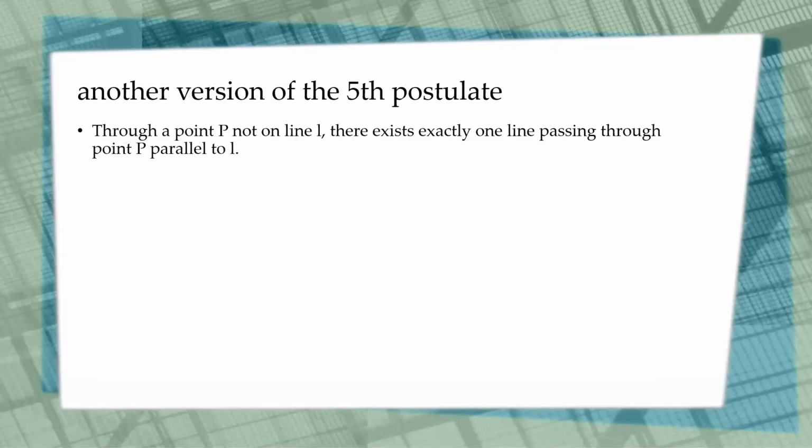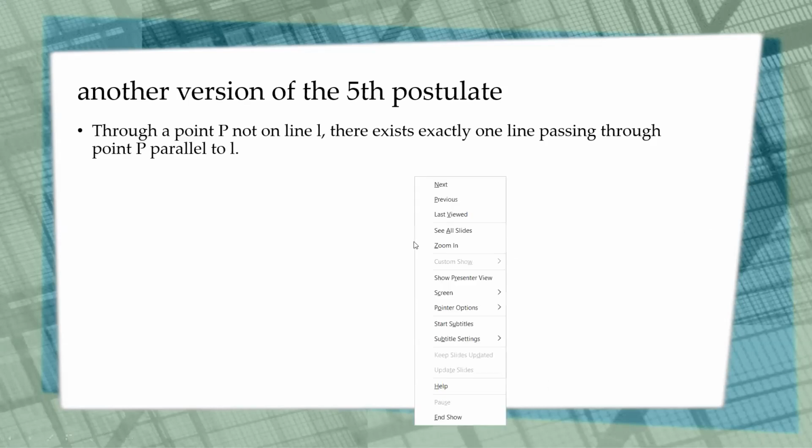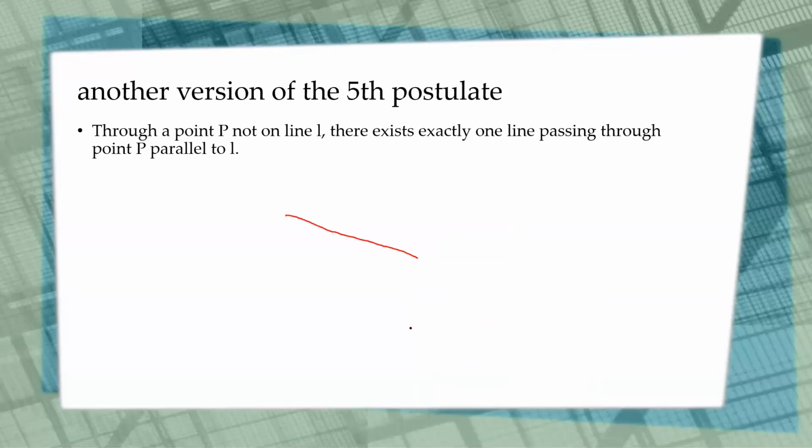One is through a point P not on line L. So, meron kayong line, tapos magpili kayo ng isang point na wala doon sa line. So, meron kayong line. And you choose a point not on the line. So, maybe this point. There exists exactly one line passing through the point that is parallel to L. So, this is the line.